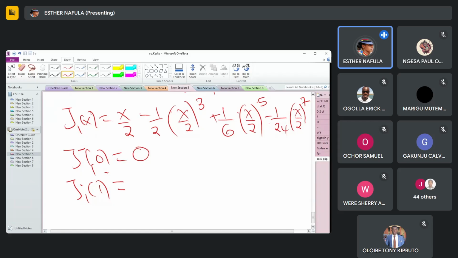We've only taken the first few terms. What is J1 of 1? Are we evaluating the terms individually, like a half minus, and then continue? Yes, so it's a half. But you're plugging in the value of x equals 1, so substitute x equals 1. Just simplify that in the calculator and give me the final answer.